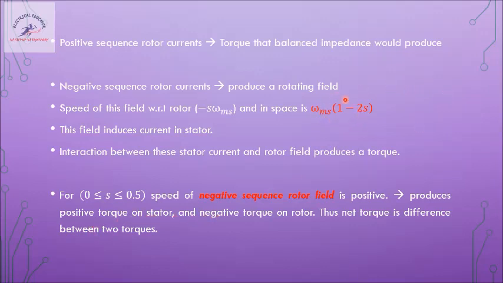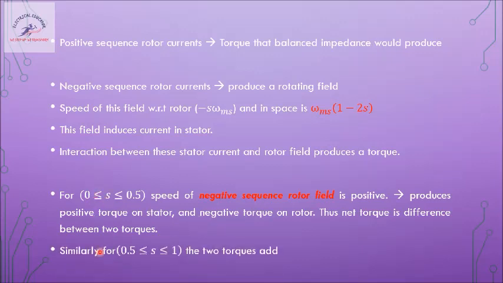So if this value is positive, it produces a positive torque on the stator side, and since this term is negative here, it produces a negative torque on the rotor side. Now what is the net torque? The net torque is the difference between these two torques.